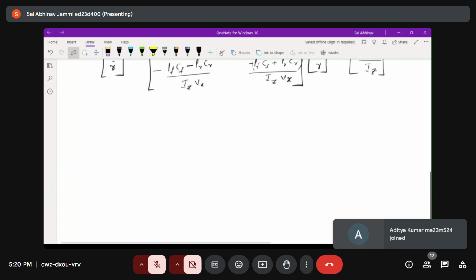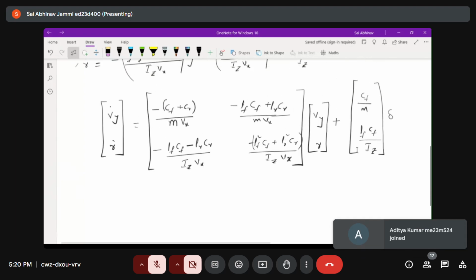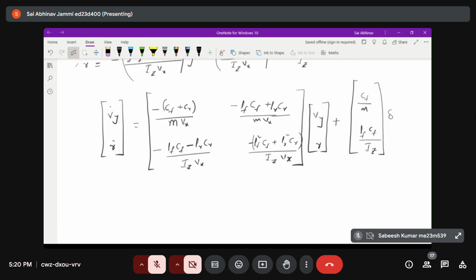Next will be the output equation. So for the output, I want to model just the yaw rate, because finally I want to get the heading angle, and heading angle is just the integration of yaw rate. So for that I want to extract only the yaw rate from this.